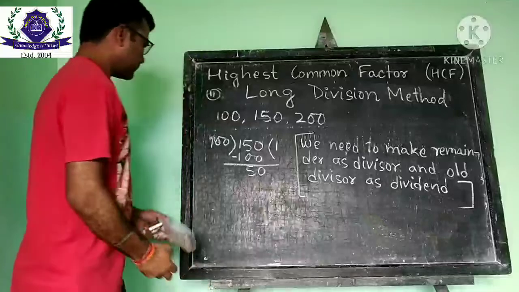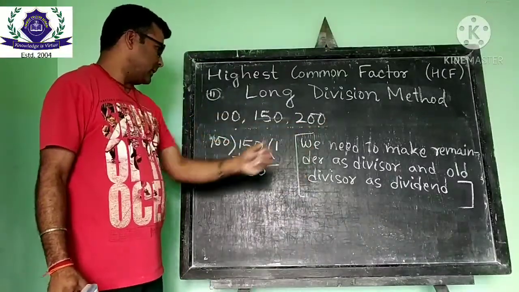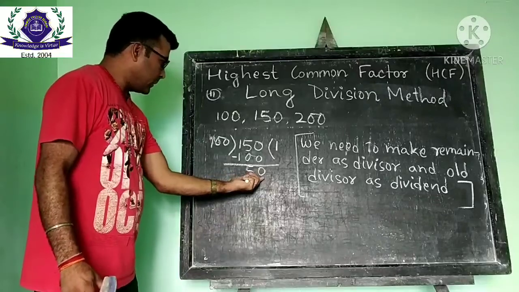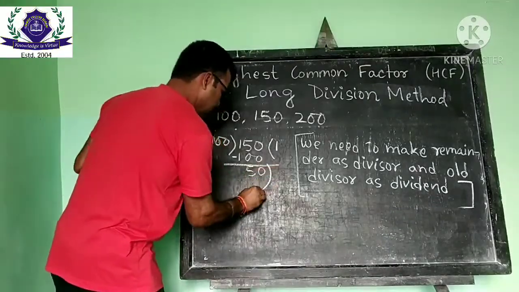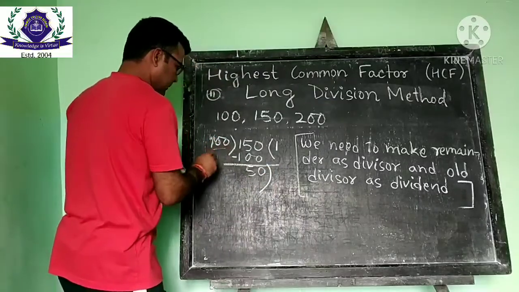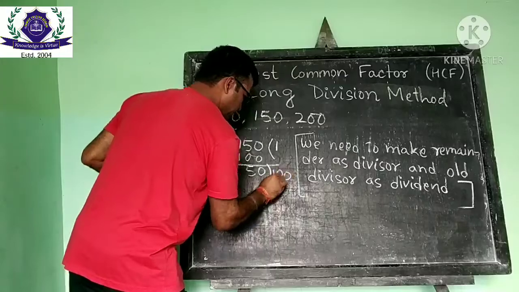So look here. We need to make the remainder the divisor and the old divisor the dividend. So here is the remainder. This remainder we have to make the divisor. Then the old divisor becomes the dividend here.